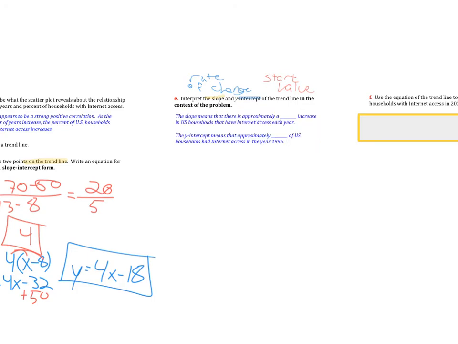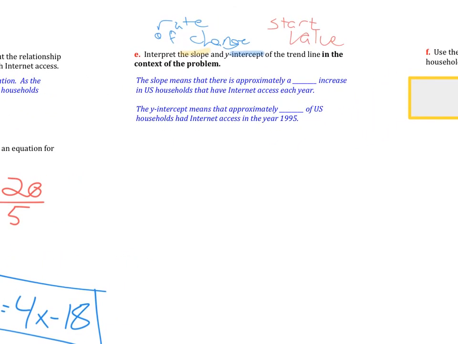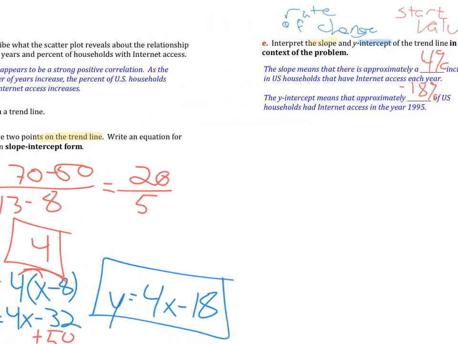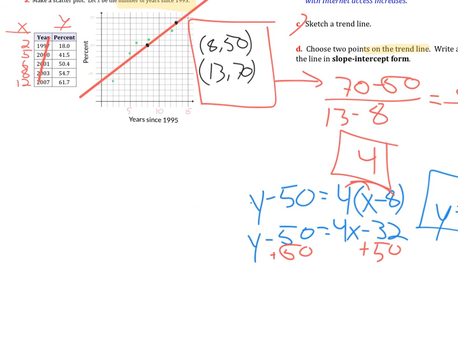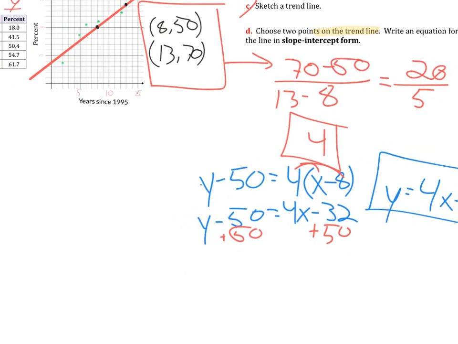So according to my trend line, the slope tells me there's approximately a 4% increase every year. And the y-intercept means that approximately negative 18%. Ooh, that does not make sense, does it? Of households have access to the internet. Now let's look at why that does not make sense.